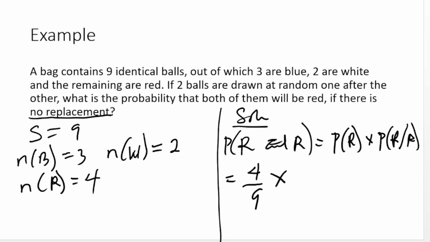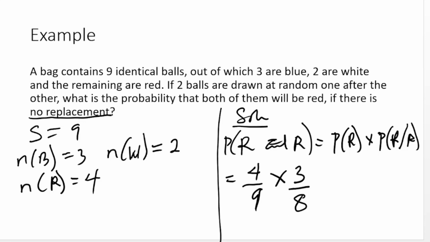And when you are picking the second red, the total number of balls in the bag has reduced from 9 to 8 because you did not return the first one you picked. So the number of red balls in that bag has reduced to 3, while the total number of balls in that bag is now 8. You can see the logic.